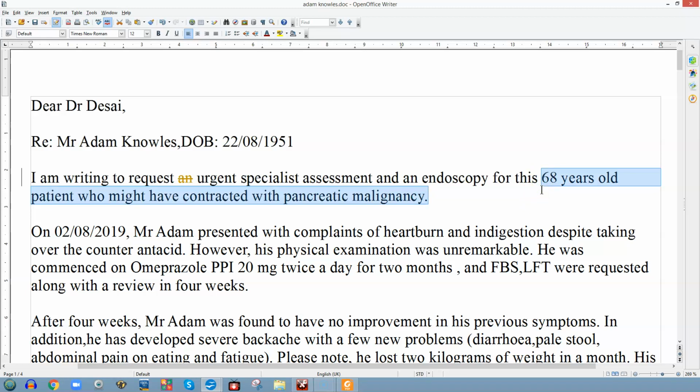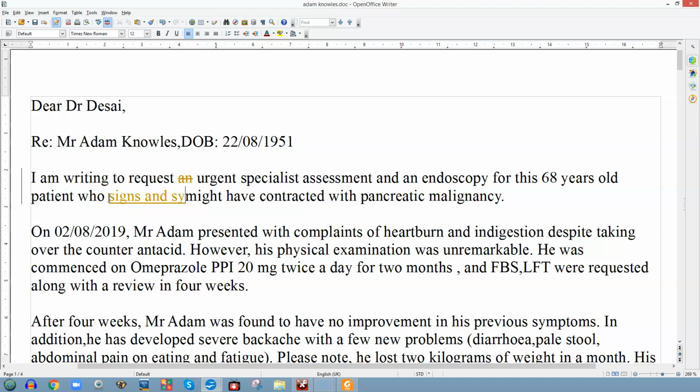I'm writing to request assessment endoscopy for Mr Knowles, age 68, whose signs and symptoms suggest, or are suggestive of pancreatic malignancy. So you can do it something like that. And symptoms are suggestive. A little bit more formal. So might have, and you can contract a. I'm not sure if you can really contract this, but no.